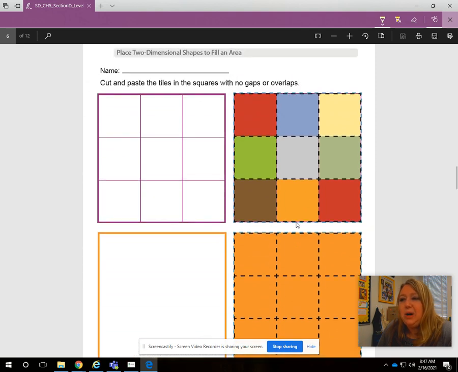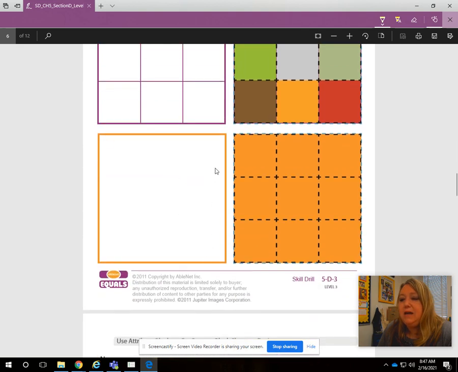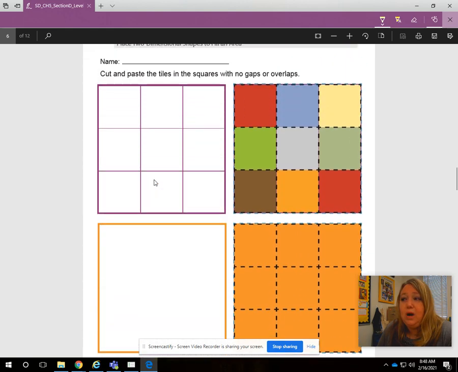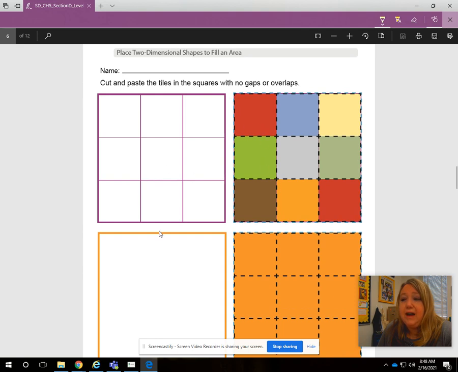The second part is actually very similar. You're supposed to cut and paste. So cut these out and paste them into the squares. And then this one, it has blank and you're supposed to cut and do that. Obviously, you can't do that on distance learning. And so what I want you to do is use the draw tools to color in and draw the shapes within the bigger shape.